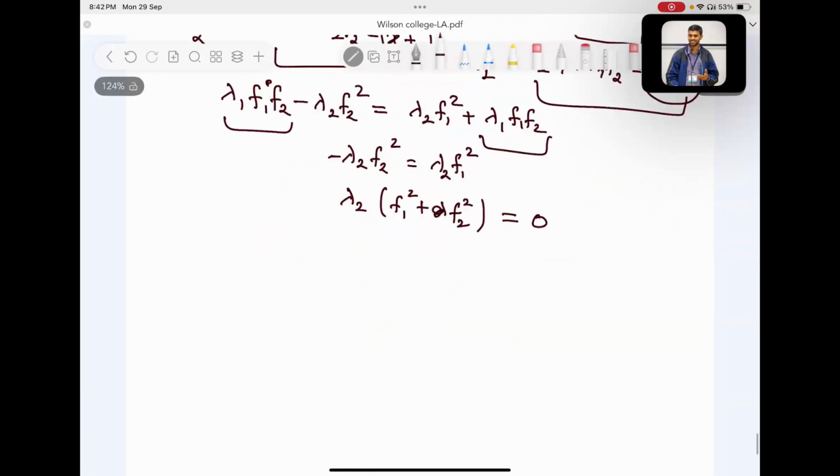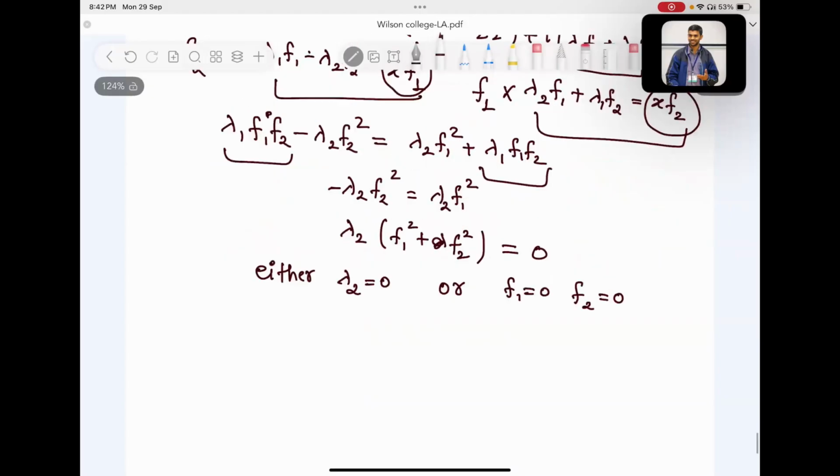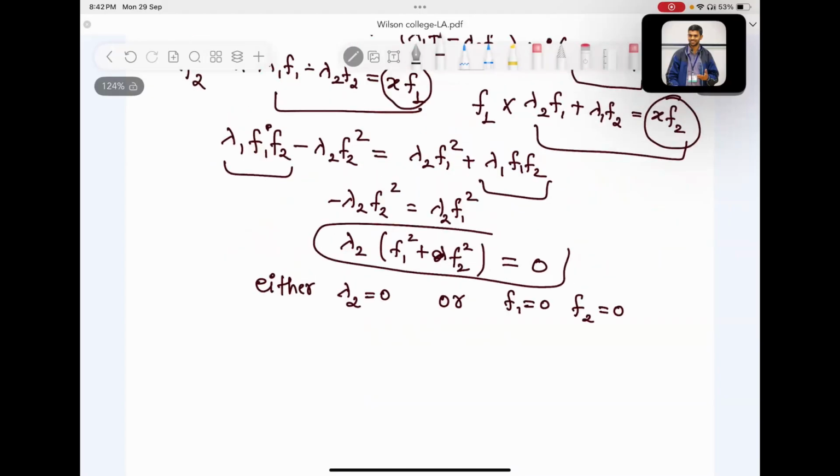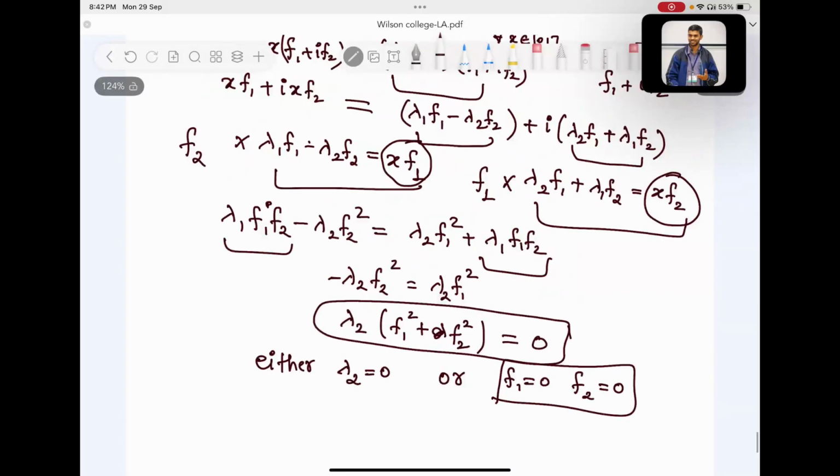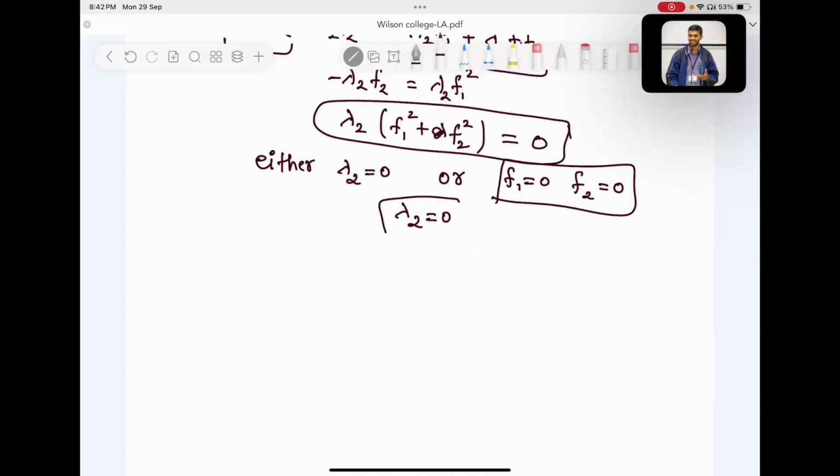Now from this you will get either lambda 2 is equal to 0, or both f1 is equal to 0 and f2 is equal to 0. Otherwise this cannot be equal to 0. Now the second case cannot be possible, because otherwise this f will be 0. So lambda 2 is equal to 0.